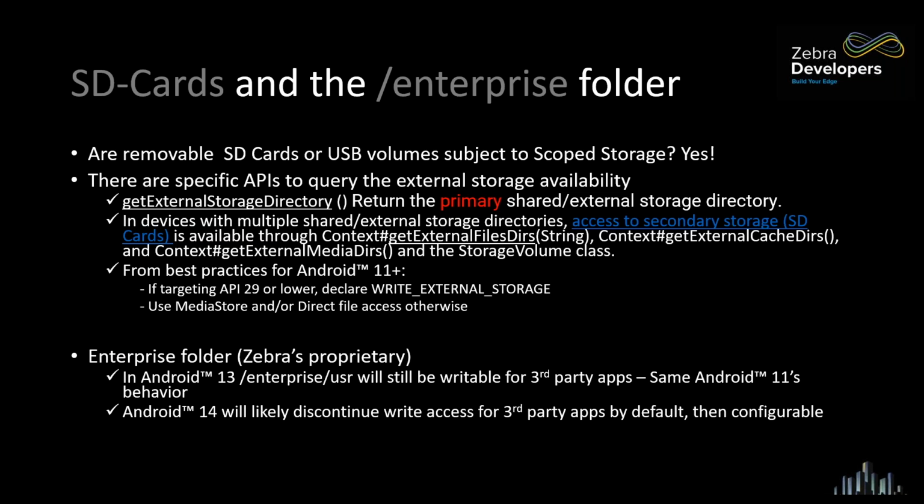An enterprise reset happens when you reset everything in the device except this folder, which is called the /enterprise path. In Android 13, and this is to confirm, the /enterprise/usr path will still be writable for third-party apps. So the behavior is exactly the same as in Android 11.